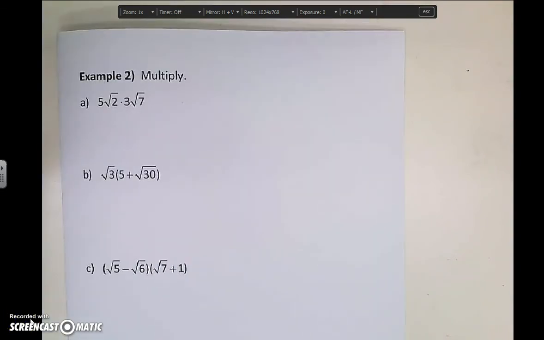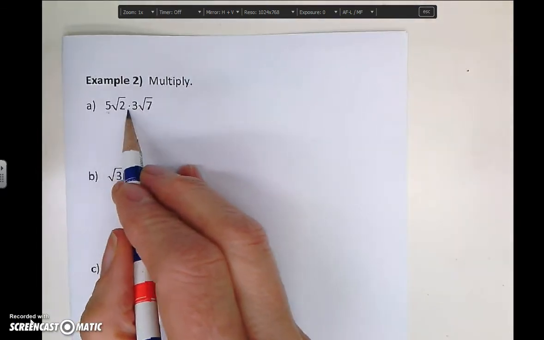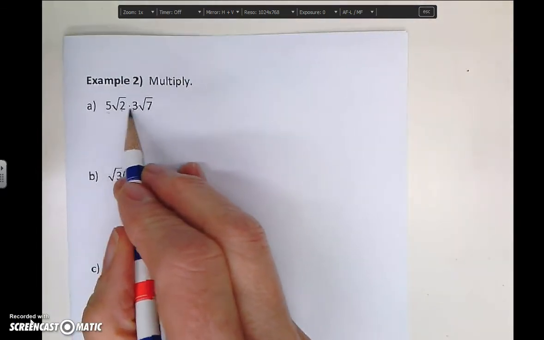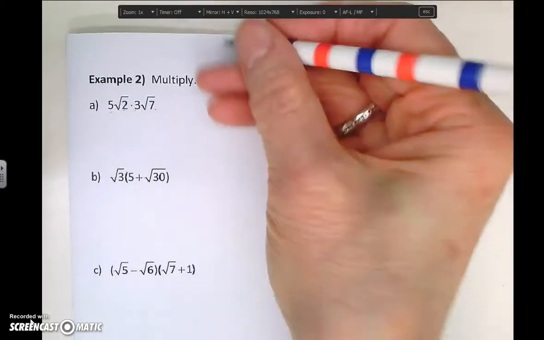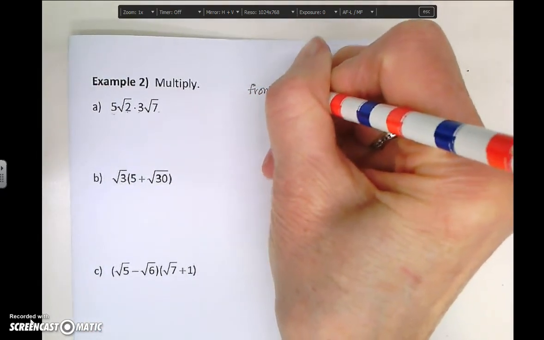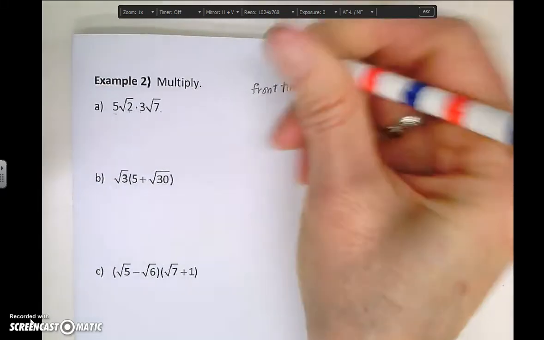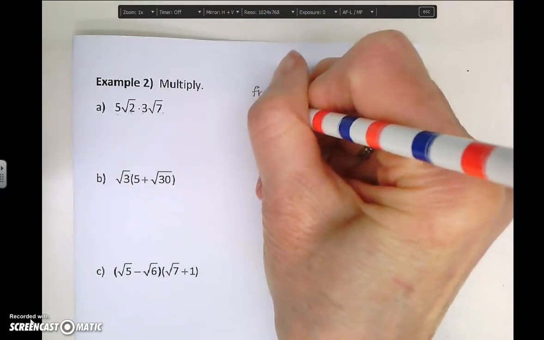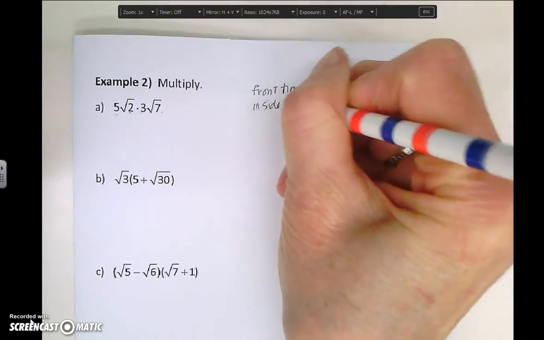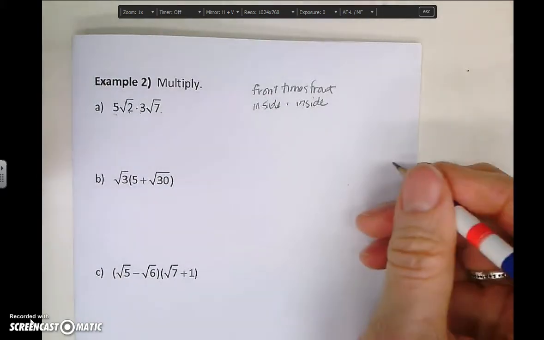So for example 2, we're going to multiply. And the rules for multiplying radicals is that we'll multiply the coefficients and we also multiply the radicands. So I'll put it in real simple terms, front times front. That's my coefficient times coefficient, and the inside times the inside, which is my radicand times my radicand.